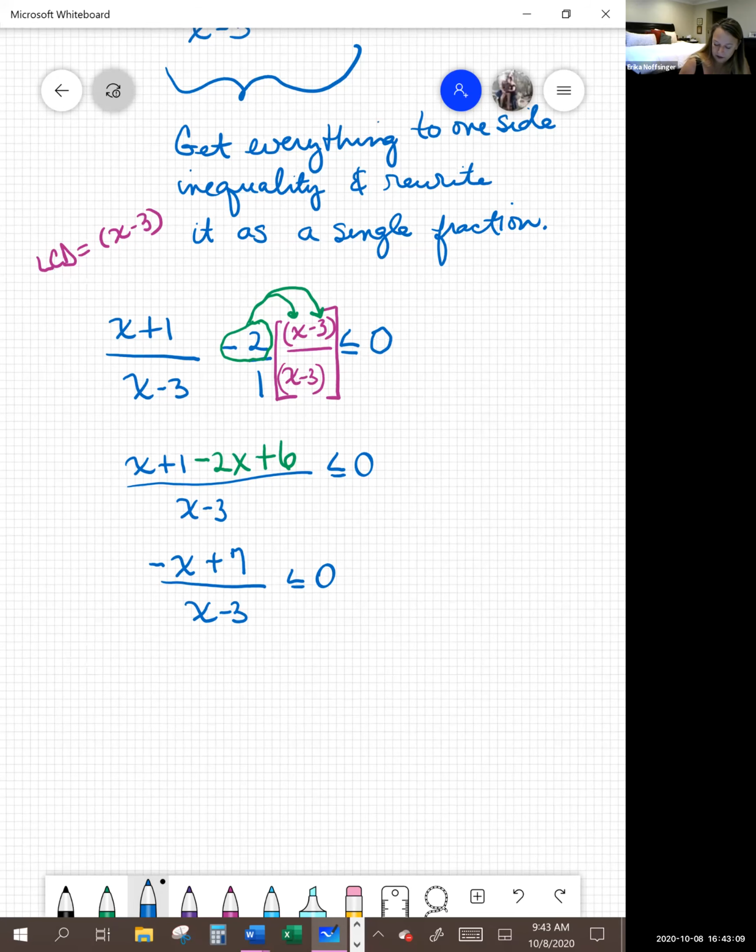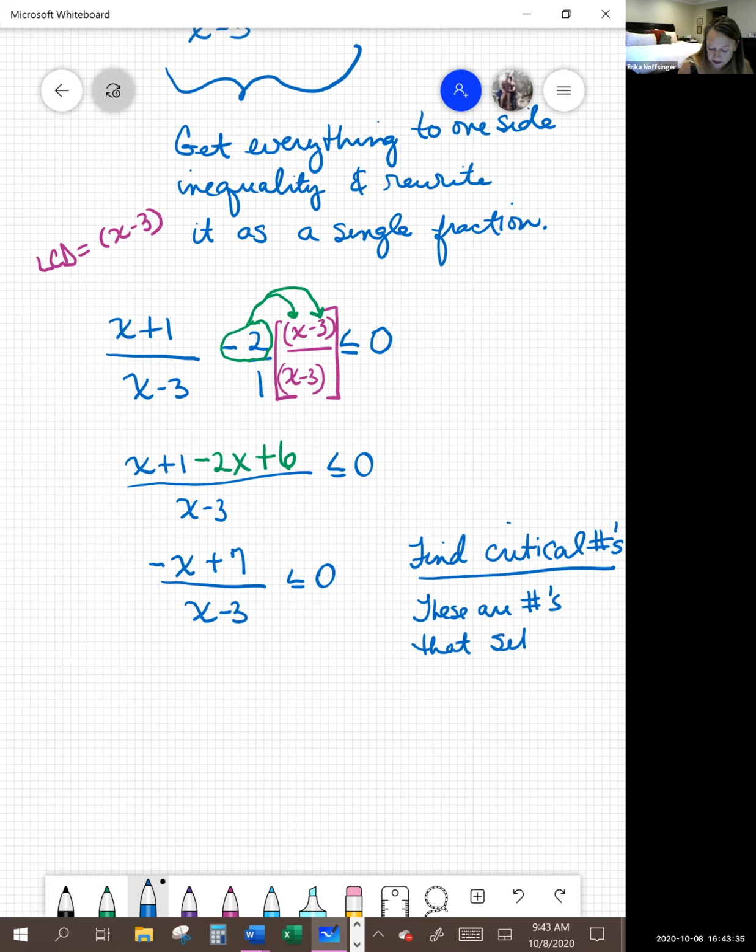So, critical numbers, as I stated before, are numbers that set the numerator equal to 0, and numbers that set the denominator equal to 0.